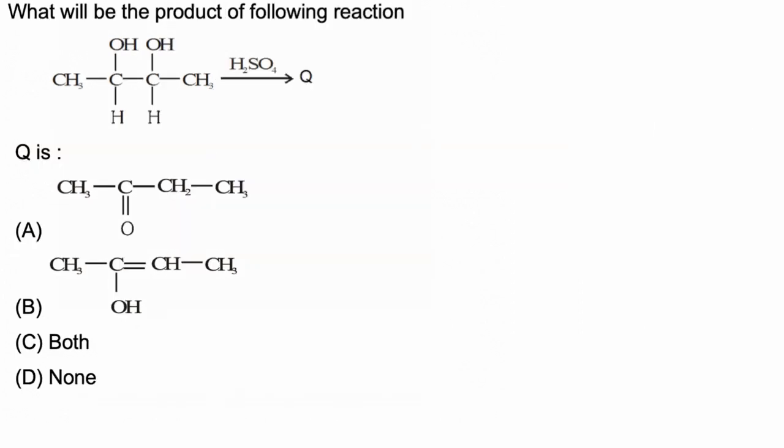In this question diol is treated with H2SO4. So under acidic condition OH gets protonated to form OH2 positive, CH, CH, CH3, OH.